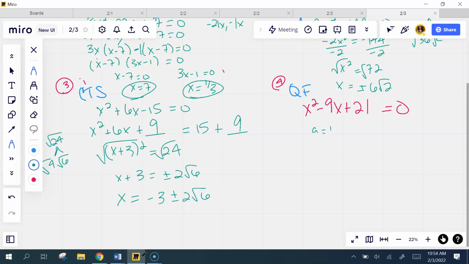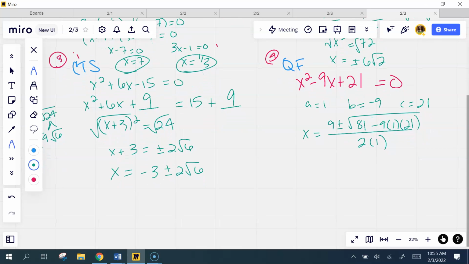All right, here, A is 1. What's B? That's right. C is 20. Opposite B, plus or minus the square root of B squared minus 4AC all over 2. So I have 9 plus or minus the square root of 81 minus 84.